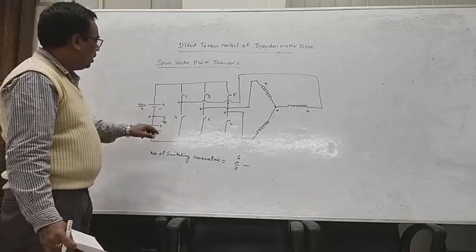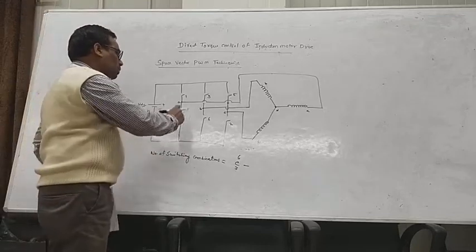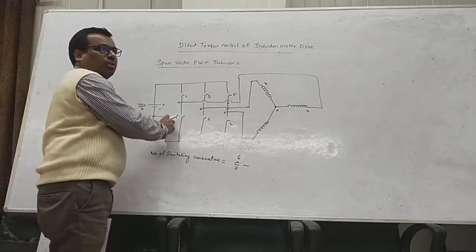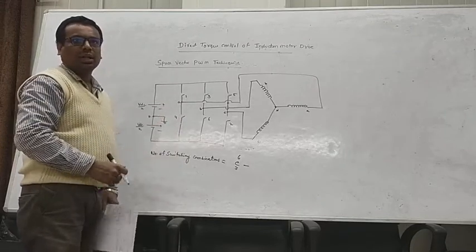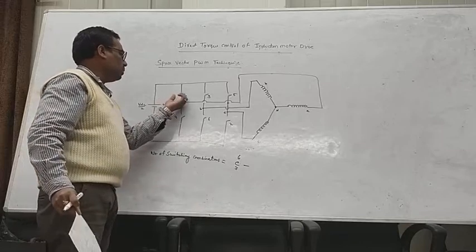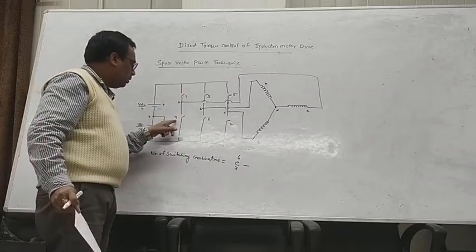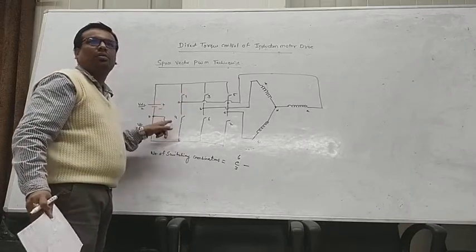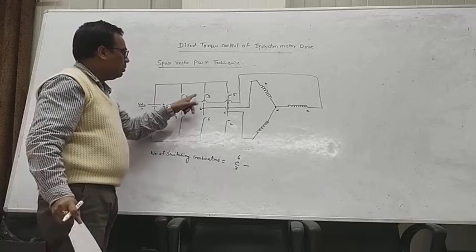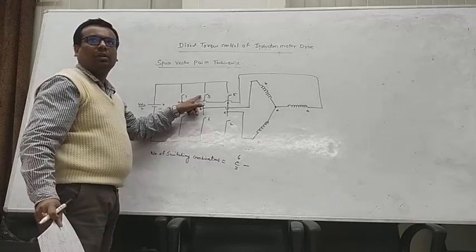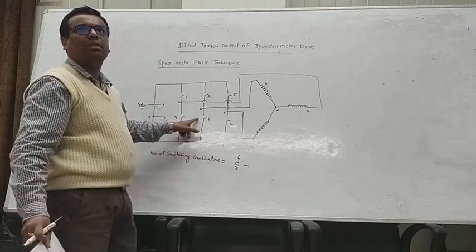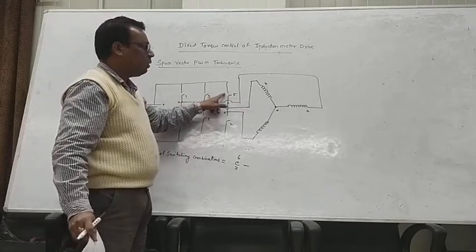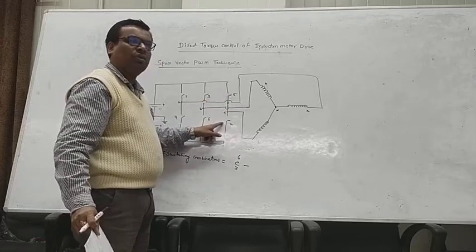What is the meaning of illegal combination? For example, switch 1 and switch 4 are complementary to each other. It means that the driver circuit of switch 1 and the driver circuit of 4 are complementary to each other. Similarly, the driver circuit of switch 3 and driver circuit of switch 6 are also complementary, and the driver circuit of 5 and driver circuit of 2 are also complementary.